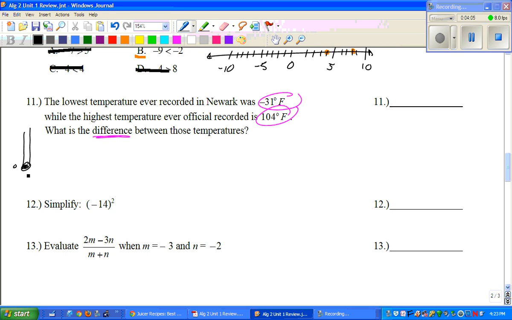Here's 0 right here, so negative 31 is all the way down there, and 104 is all the way up there. What's the difference? They want to know all of that. So the difference of 104 and negative 31, well, look at that. You're going to be adding those numbers. And when you add that, the difference is 135 degrees Fahrenheit.